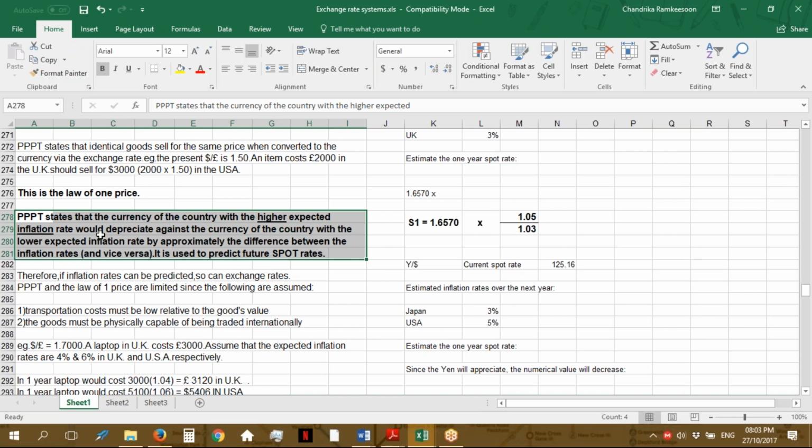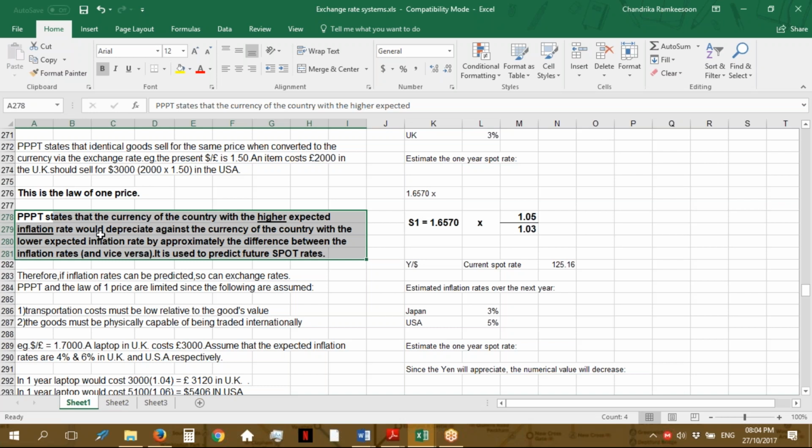What we are saying therefore in plain simple English is this: if you're looking at the US and the UK, and we want to estimate the exchange rate in 1 year's time, the spot rate in a year's time, and the inflation rate over the next year in the UK is expected to be 6%, and in the US is expected to be 3%.